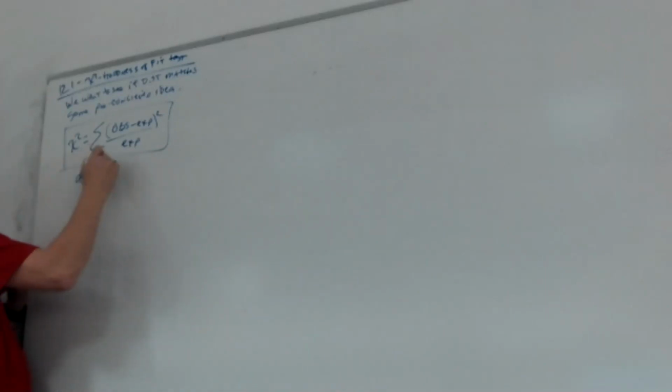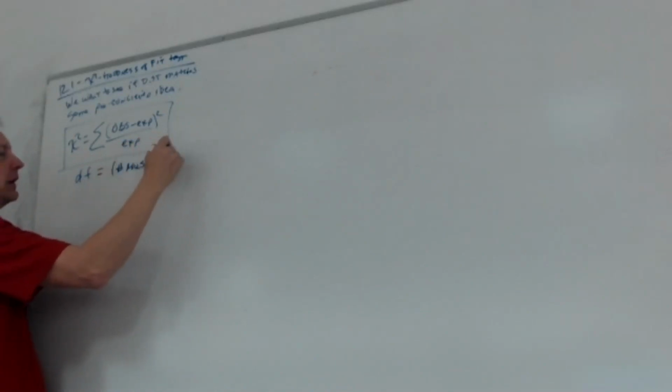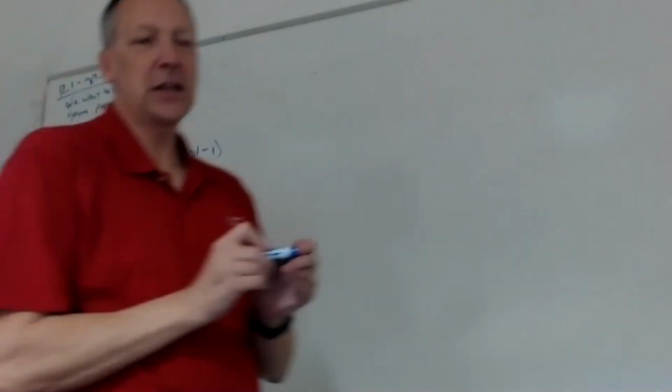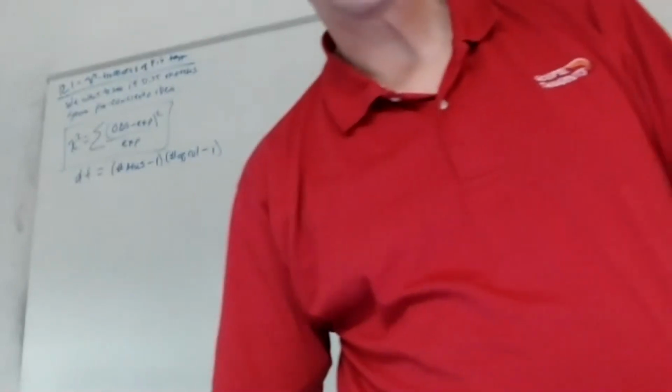Now we're going to talk about degrees of freedom. Here I'm going to give you what's your degrees of freedom: n minus 1. That's not our rule today. For the chi-square goodness of fit test, the degrees of freedom are the number of rows minus 1 times the number of columns minus 1. Now, as I look at this, how many rows do I have?